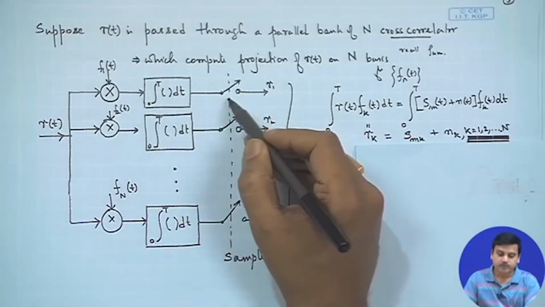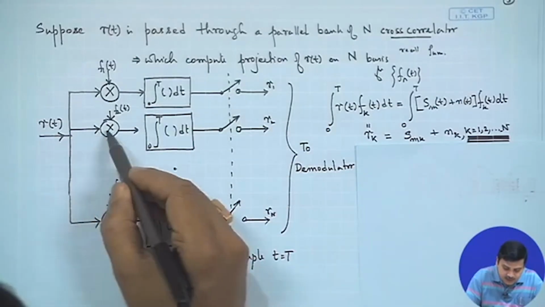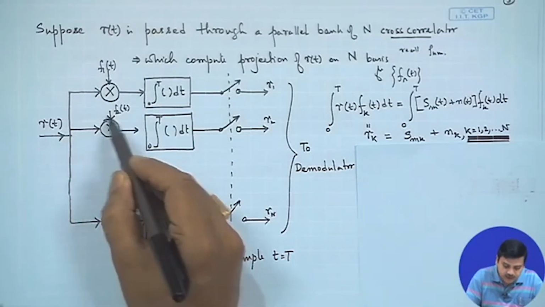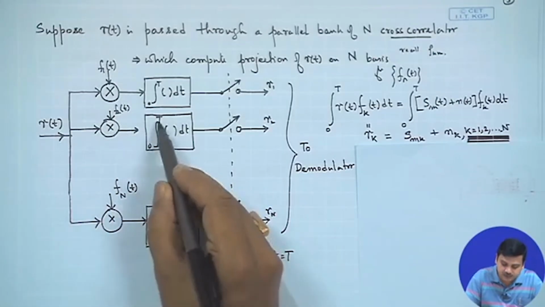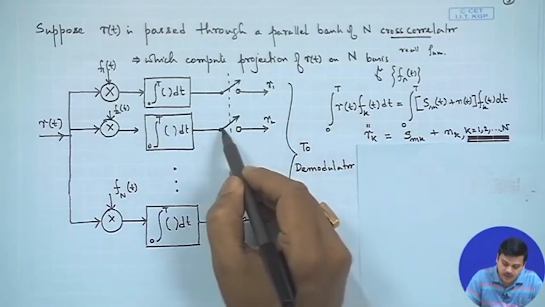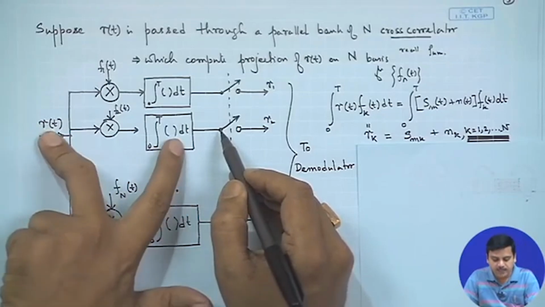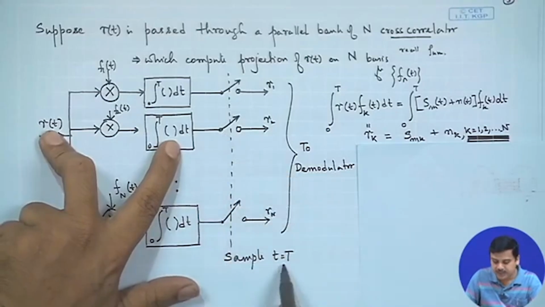This one will produce r 1, and in this line r of t gets multiplied by f 2 of t, then integrated from 0 to T. By this expression k is equal to 2, and the value over here is the integration of r of t f k of t over the period 0 to T dt, and that is equal to r 2, read at the time t equals capital T.